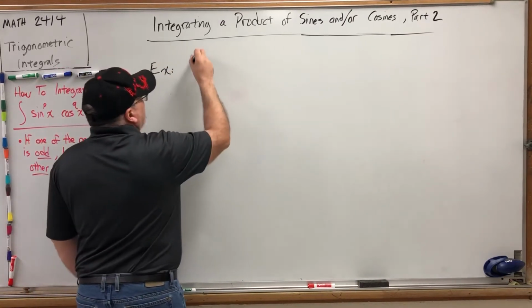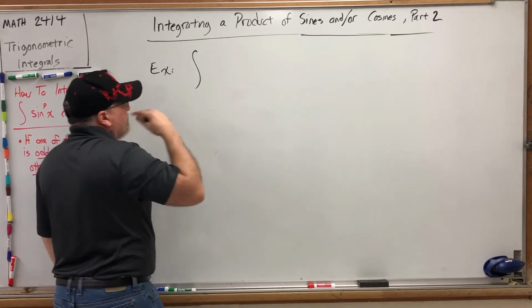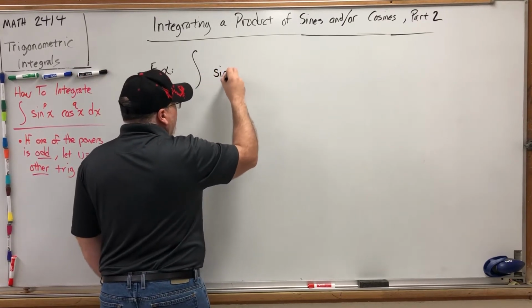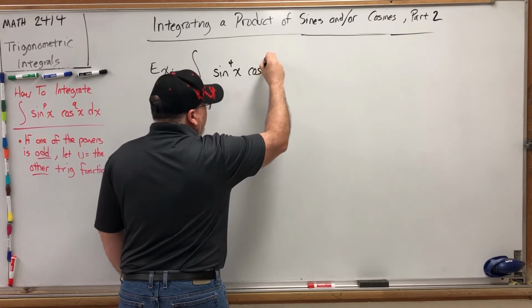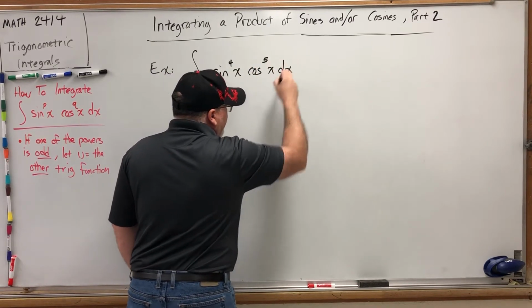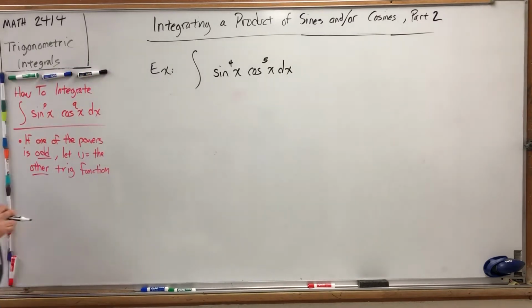Let's integrate sine to the 4th power of x, cosine to the 5th power of x, dx. According to this strategy, what should I let u equal?